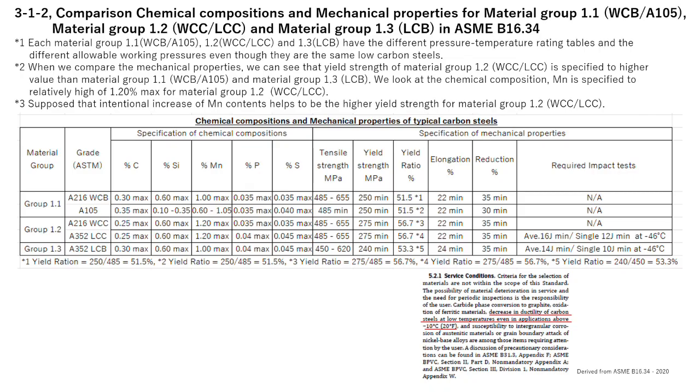But there is another comment indicated in ASME B16.34. The comment here says: decreased notch toughness of carbon steels at low temperature, even in applications above minus 10 degrees Celsius, 20 degrees Fahrenheit.